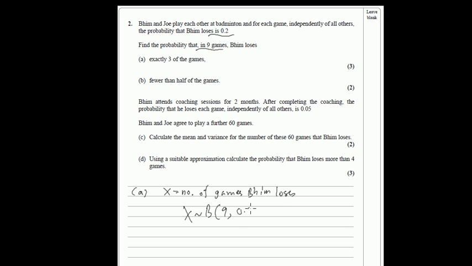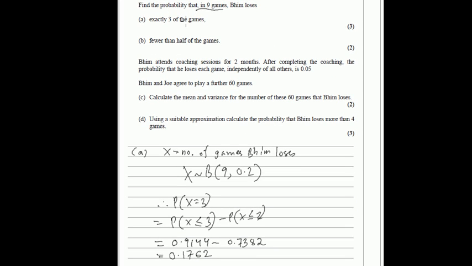There are 9 games and the probability of success is 0.2. Success or failure is not about a good or a bad thing. Whatever is given information, that is success. Exactly 3 of the games Bhim loses, therefore the probability of x equals 3. This is discrete. It is going to be the probability of x less than or equal to 3 minus the probability of x less than or equal to 2. Look up the table and write down the answer.